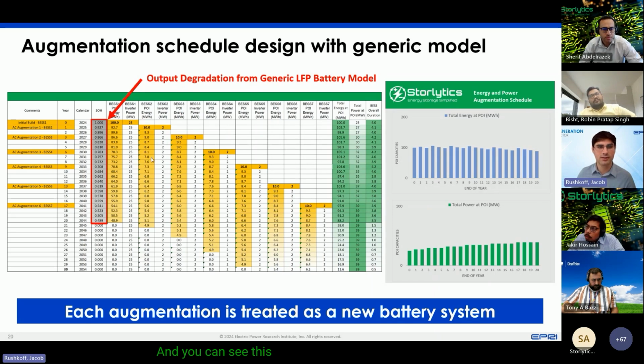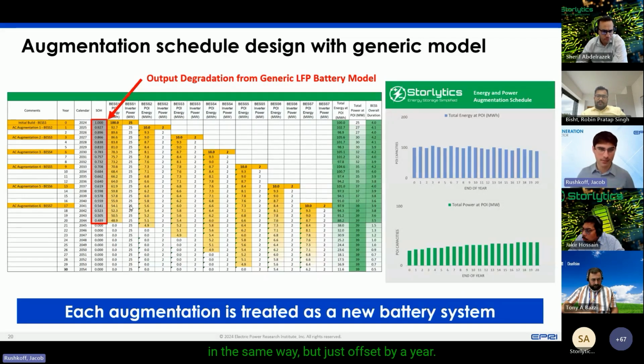You can see this 10 megawatt hours is degrading given the same degradation profile as we generated for the first battery system. It's degrading in the same way, just offset by a year. The same is true of batteries 3, 4, 5, 6, and 7, the augmentation steps installed later in the project life.